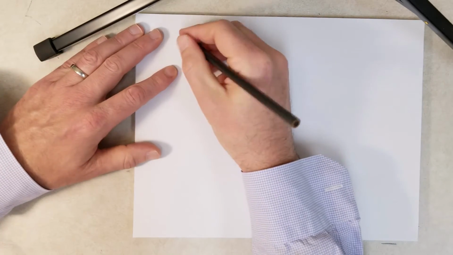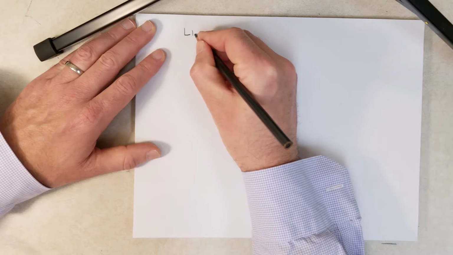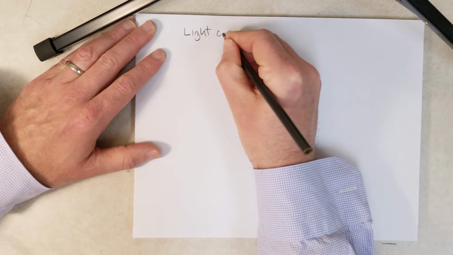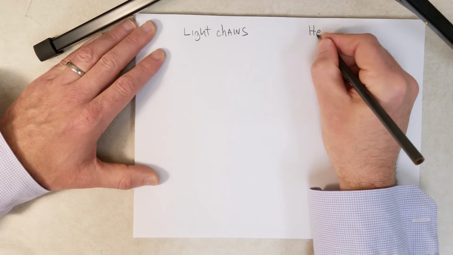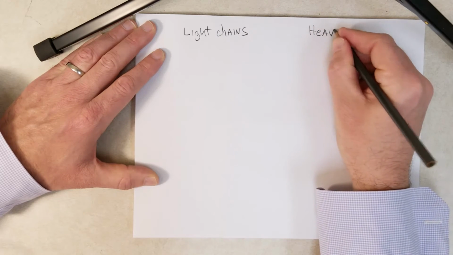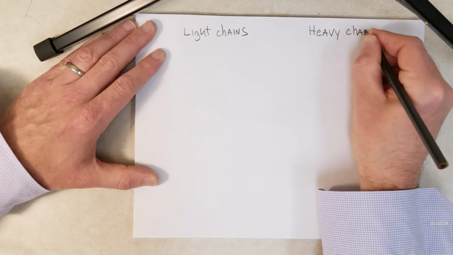So in humans, we have 2 genes for light chains. And these are very strange genes. They're genes that are made up of gene segments.